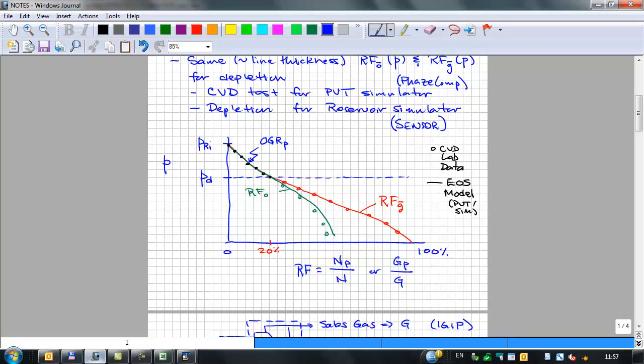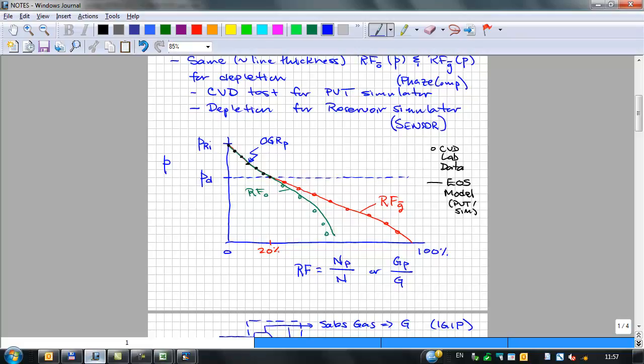And if I left it in there, which I usually would do if I hadn't wasted so much time getting where we're at now, I would actually let us be confused, because the simulator is going to give more recovery at a given pressure than the PVT simulator. And you're going to think, well, it's not really simulating the same process.